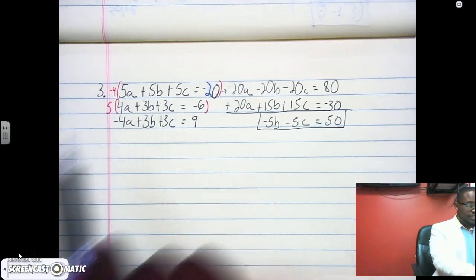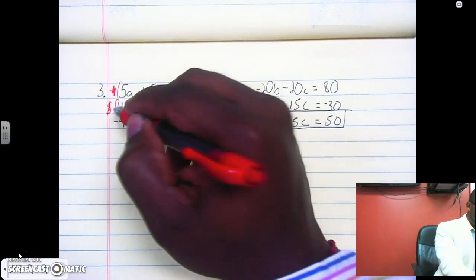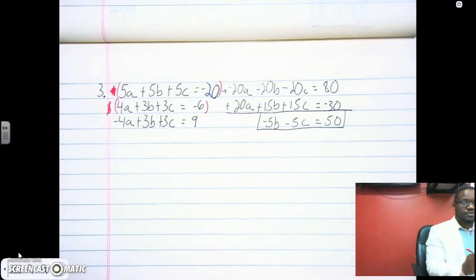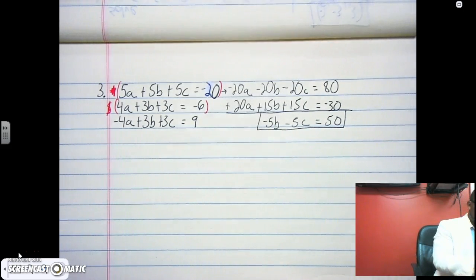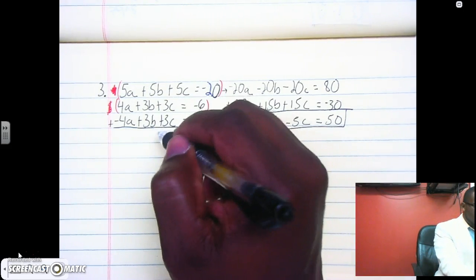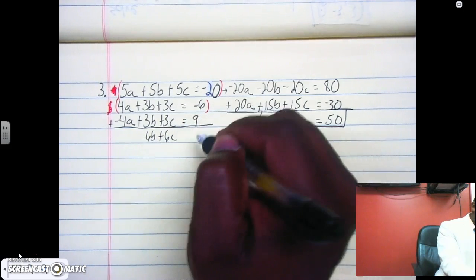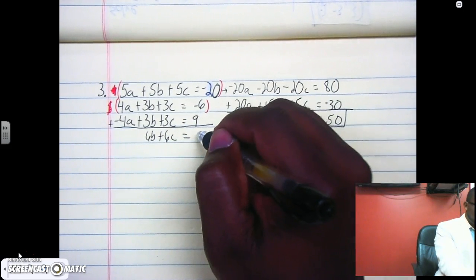And doing so, I don't have to consider the stuff in the red. They're not really there. I can just go ahead and add these two together. And I have 6b plus 6c equals 3.